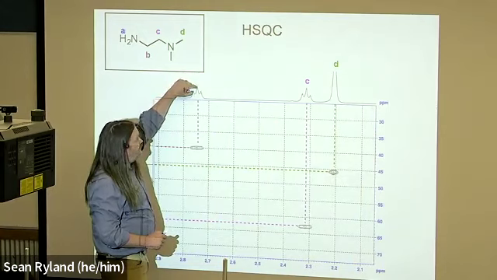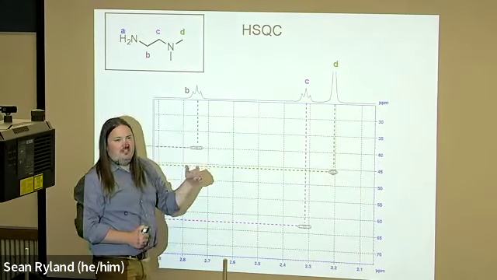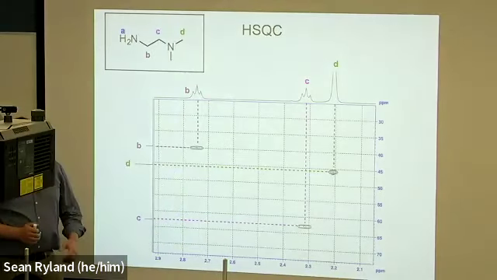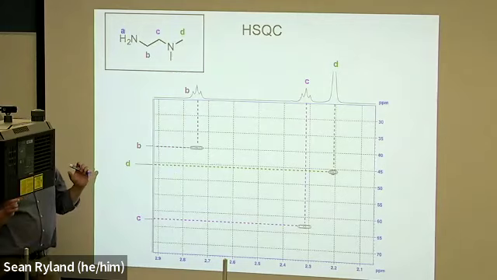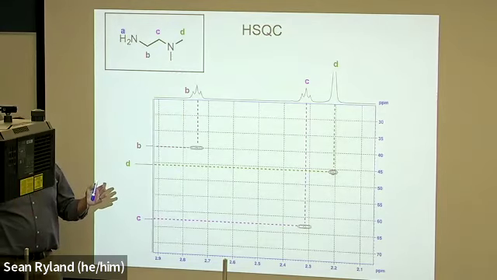The coupling coefficient, like I said, is literally just the distance in between these. And it should be the same for both of them. If B and C are right next to each other, they should show up in the COSY and they should have the same coupling coefficient. Some proton interactions will create a wider splitting.